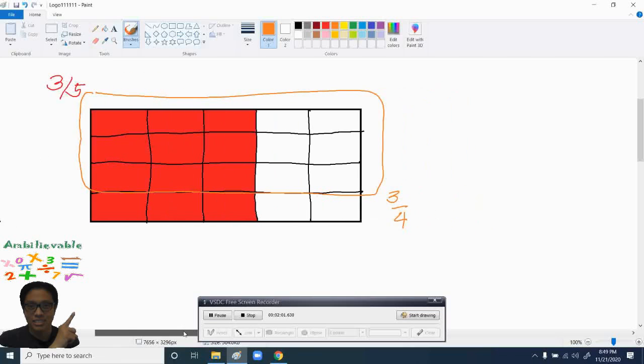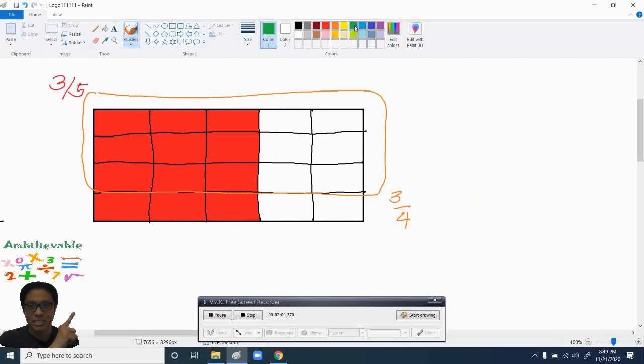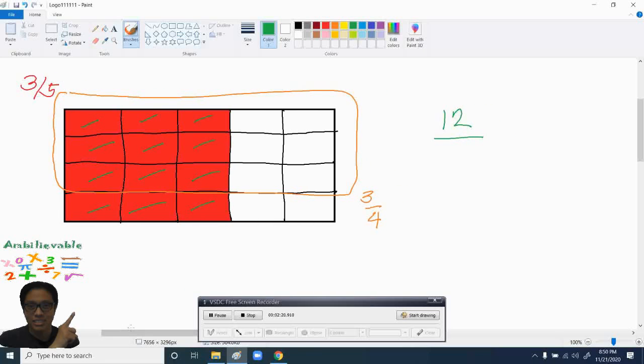Now the next step, count all the shaded parts. 1, 2, 3, 4, 5, 6, 7, 8, 9, 10, 11, 12, and that would be your numerator. Next step is to count all the parts that are inside the circle. So we have 1, 2, 3, 4, 5, 6, 7, 8, 9, 10, 11, 12, 13, 14, 15, and that is your denominator.